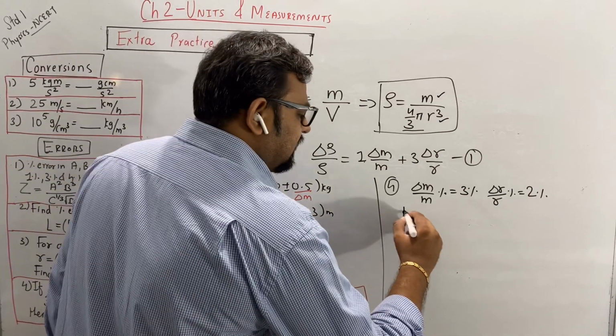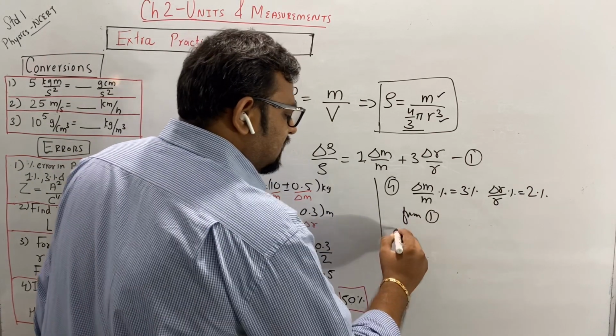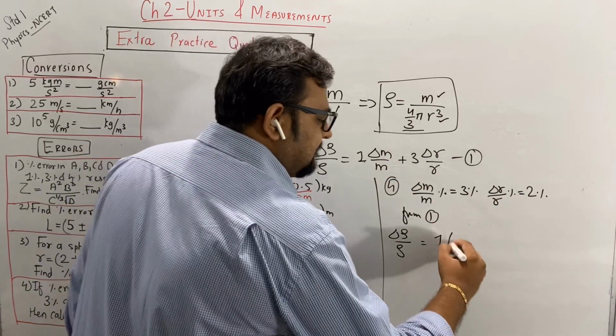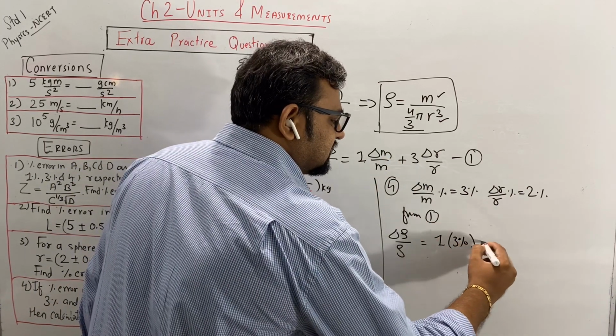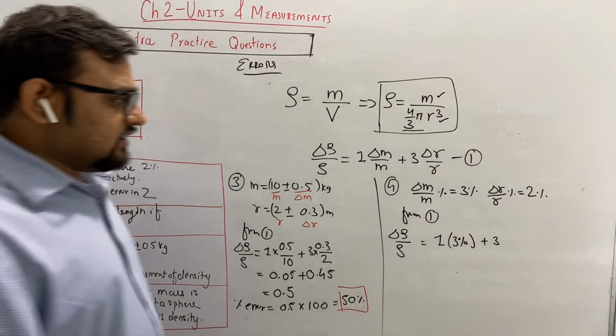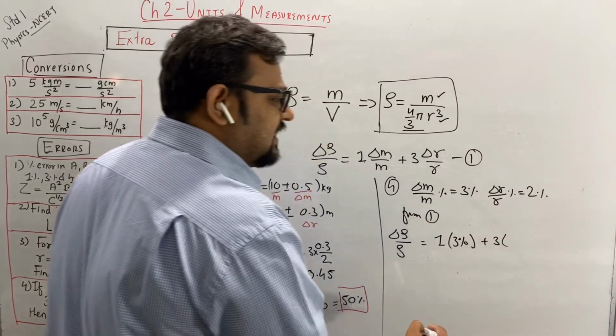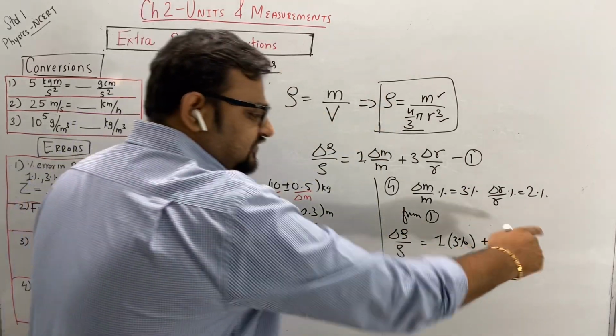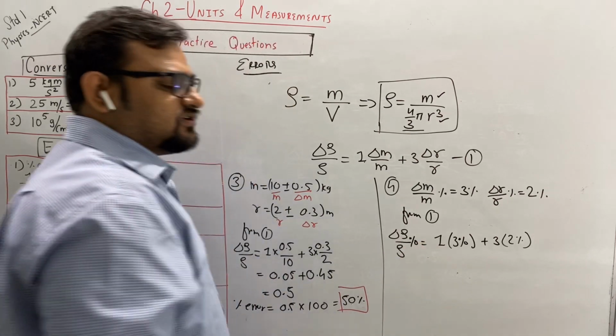So from 1, delta rho by rho equals 1 times delta m by m, 3%, plus 3 times delta r by r, 2%. Now as I have taken this in percentage, I will write percentage.